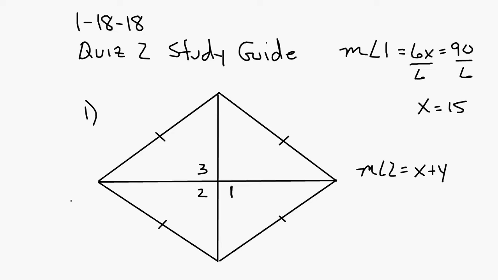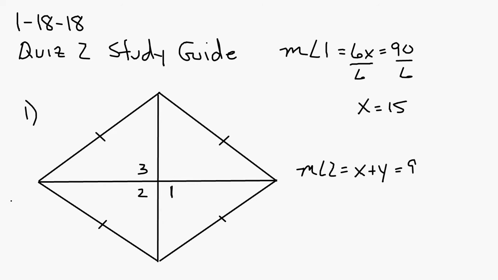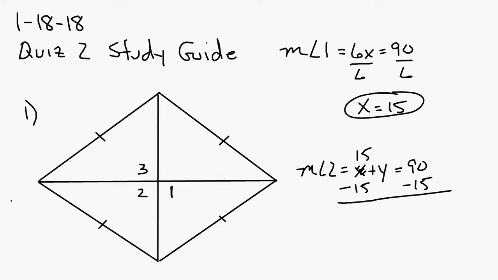It's in your notes. So this x plus y right here is going to be equal to 90 degrees. And if x is already equal to 15, then 15 plus y is equal to 90 degrees. You can subtract 15 from each side, and y is going to be equal to 75.